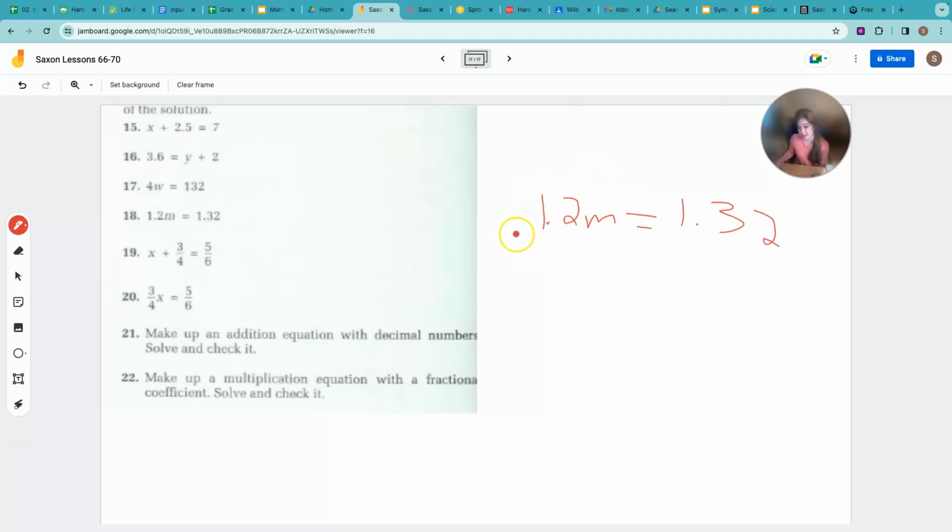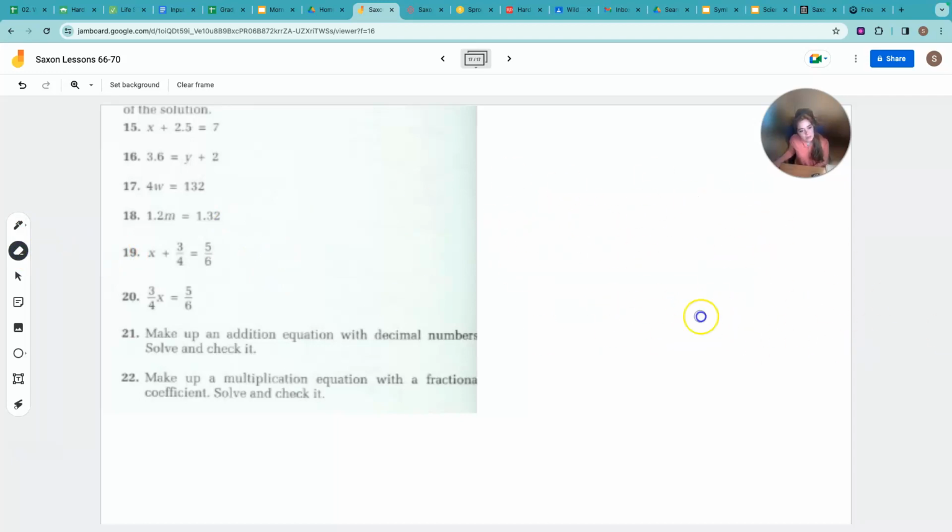So, we can divide it out though, lucky for us. Whoops, not 1.32, 132, excuse me. 132, okay. So, we're going to divide by 1.2. That leaves us with m equals 132 divided by 1.2. 132 divided by 1.2 is equal to 110. And that's our answer for that.